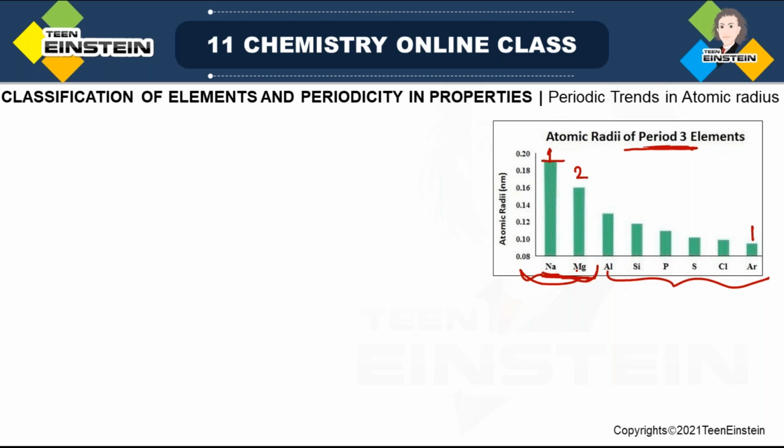So when you consider the general trend in the periodic table, we normally do not consider the d orbital. Okay. So here we have the first group, second group, then group 13, 14, and up to 18. You can see there is a smooth decrease as you move from sodium to Mg up to argon.